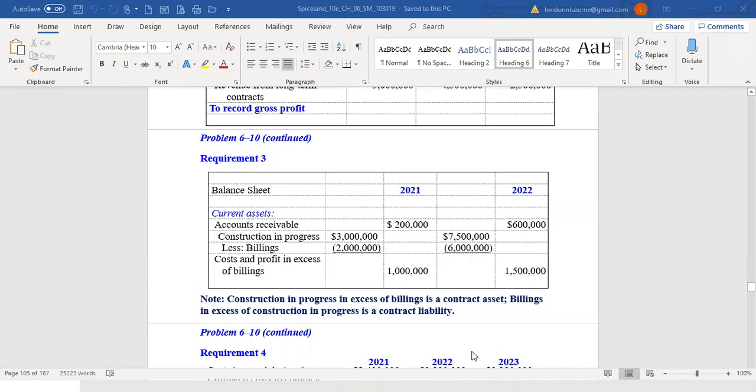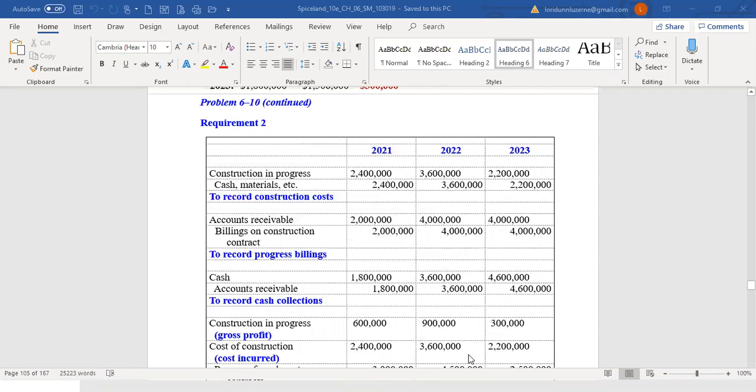Now, at the end of year three, take a look, what happens? Construction in progress is debited 2.2 million. Accounts receivables debited 4 million. And your billings on construction are credited for 4. Accounts receivables credited for 4.6. You have 0 left in there.